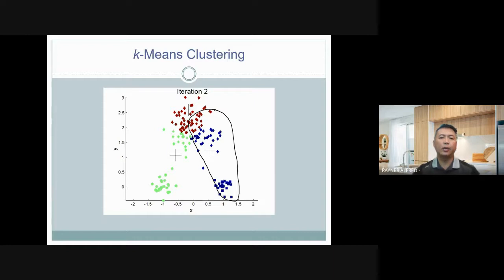And then again, we reassign all the remaining documents to the nearest center. So for example, like this, after the second iteration, your cluster is like this. So the new center could be here. Okay. So we will keep going to the next iteration until there are no changes of membership for the cluster.